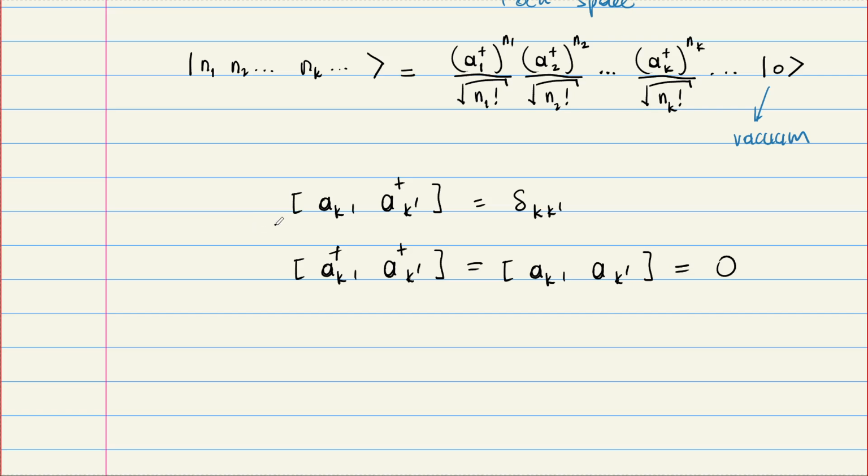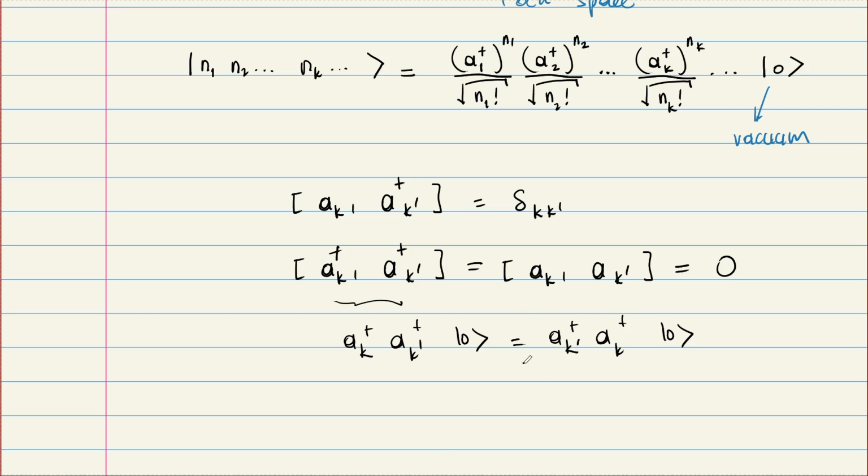A_k dagger A_k' dagger acting on vacuum is the same because of this commutation relation. Rather than creating k' first, I can create k and later k'.